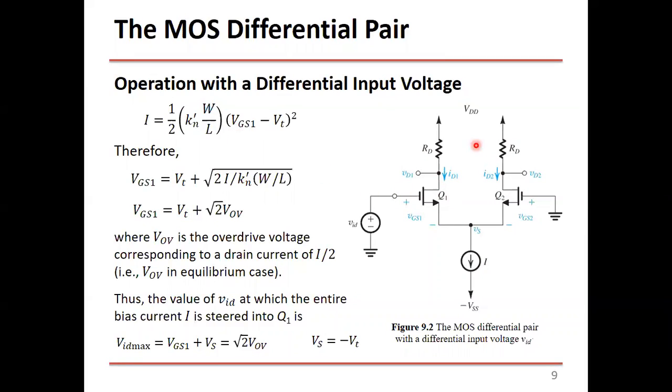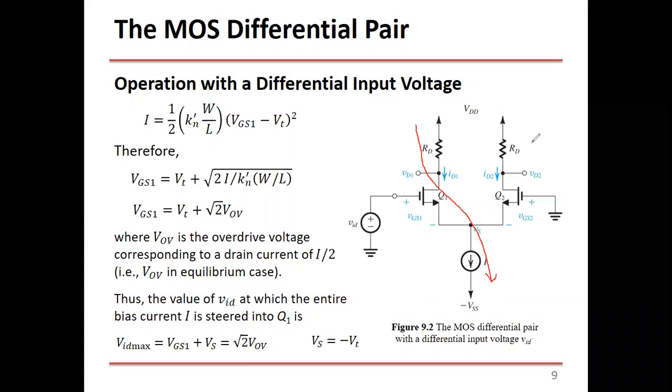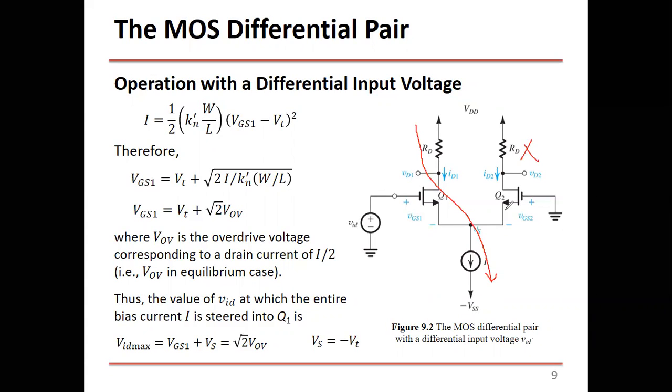Now we are talking about Q1, so this is ID1. And we assume that we steered all the current here, so nothing is going here. All the current is going this way. This is I. Nothing is going here. So how much is this here to make this happen?